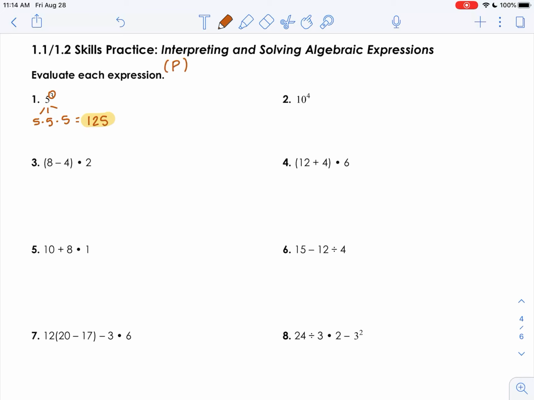Parentheses first, then exponents, then multiplication and division in the same step, working left to right, and then addition and subtraction in the same step, going from left to right. So first thing I'm going to do here is parentheses. So I have 8 minus 4, which is 4. Everything else is going to drop down. So the only thing I have left to do is multiply 4 times 2, which equals 8.